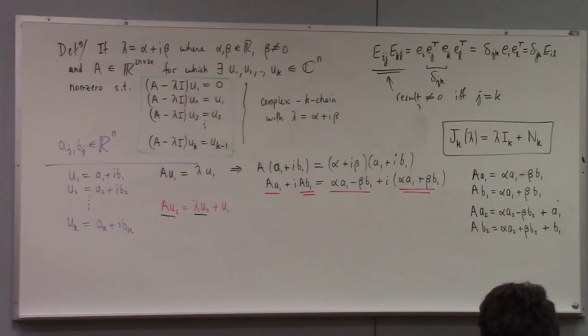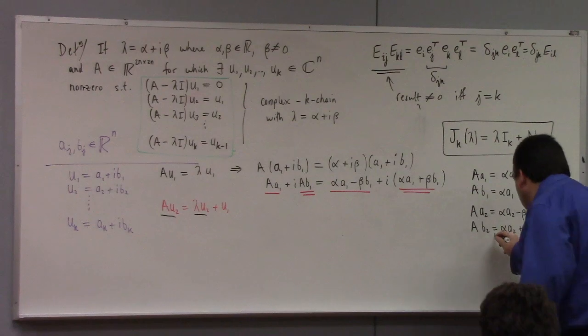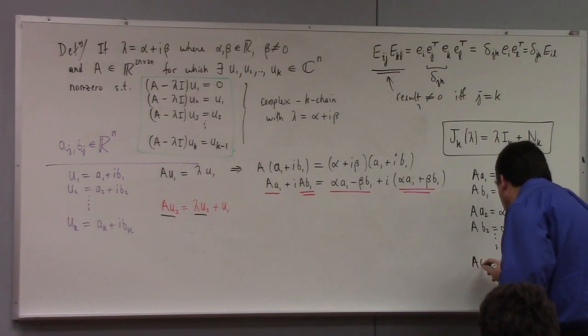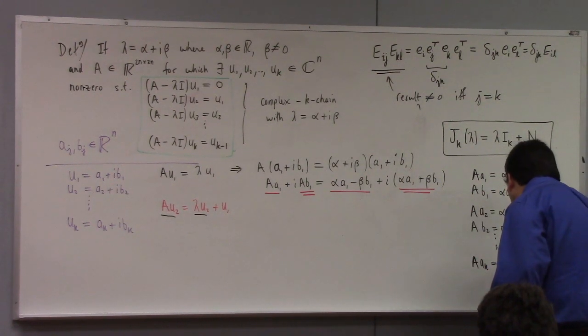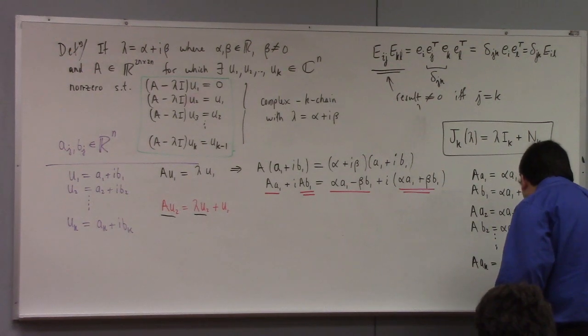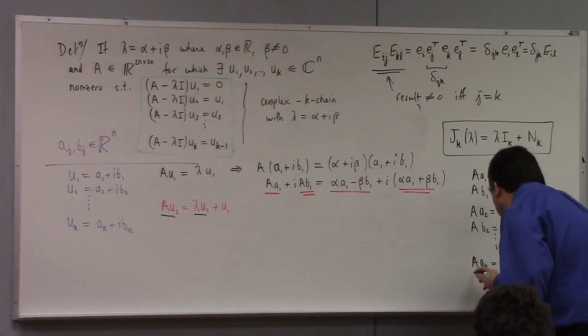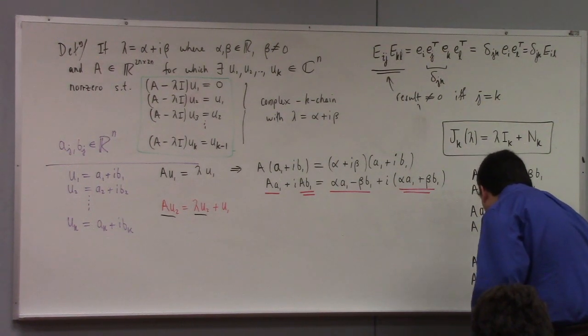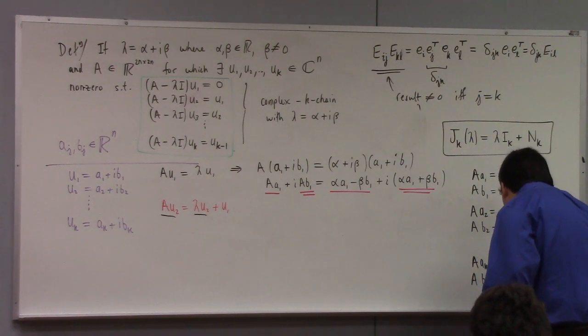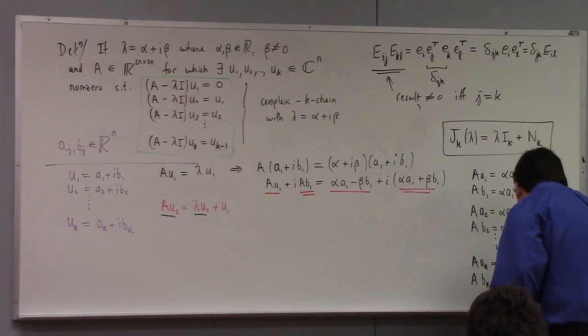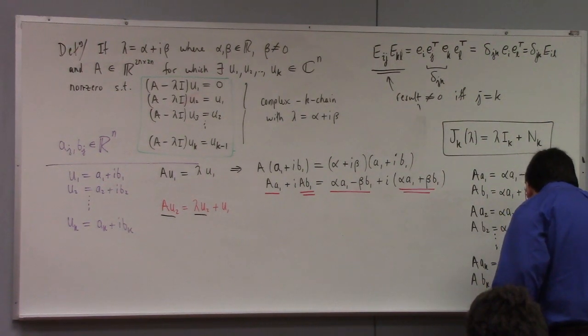And this pattern continues until finally you get to A K equals alpha A K minus beta B K plus A sub K minus 1. And then A B K is equal to alpha A K plus beta B K plus A sub K. Oh, that was K minus 2, my bad.